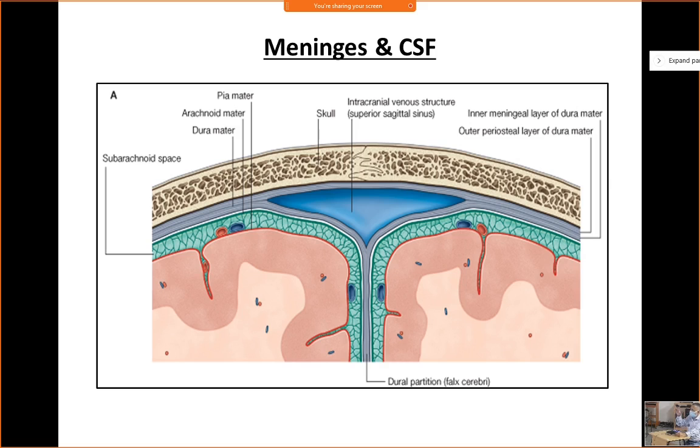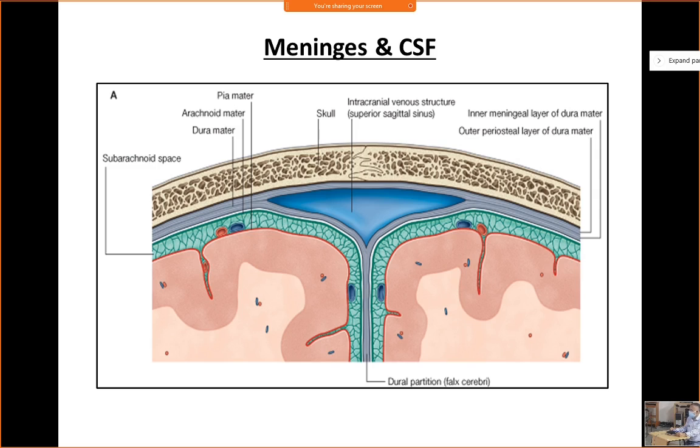So here you see that the outermost part is the skull. After the skull, there is a gray color structure. This is your dura mater. Then next is the arachnoid. The outer green line is the arachnoid.